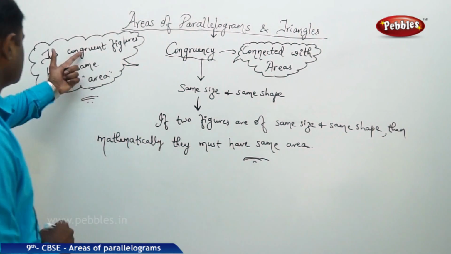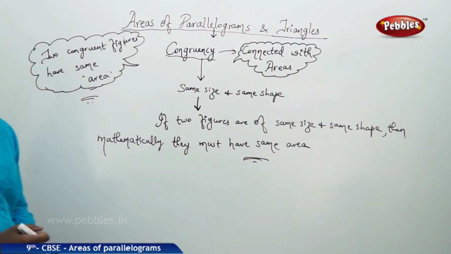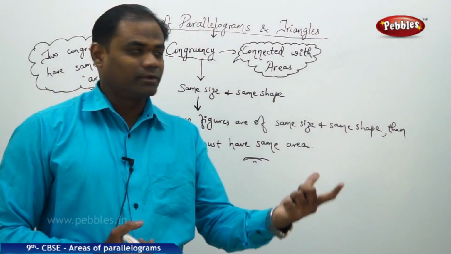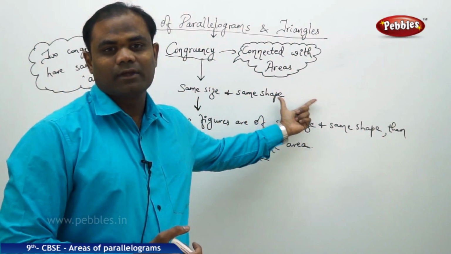Two congruent figures have same area is the learning outcome of congruency connected with areas.